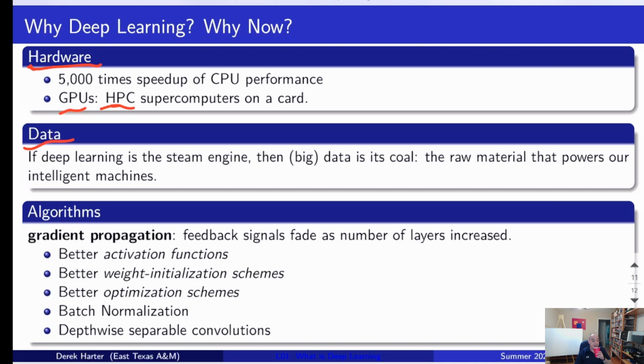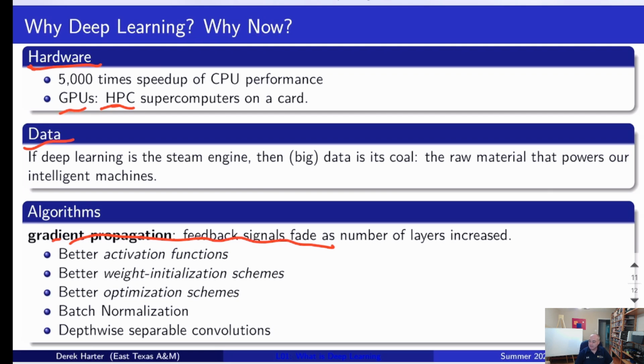But then finally, as I hinted at, there was a bottleneck, and some new algorithms were discovered in the late 2000s and early 2010s that made deep learning possible. The basic problem was that for a neural network, the feedback signal for backpropagation fades as the number of layers increases. So backpropagation wasn't very effective once you had more than 2 or 3 layers.